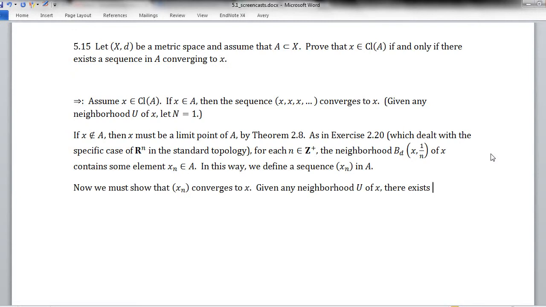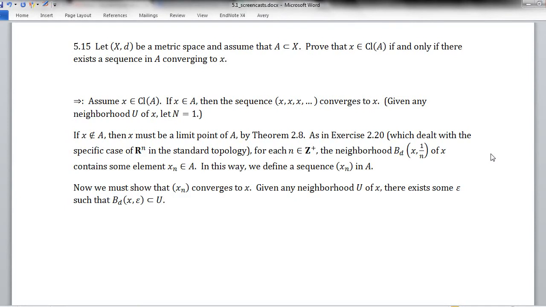And in this metric topology, that means there's a basis element, in particular an open ball, containing x and contained in U. So there exists some epsilon greater than 0, of course, such that the ball B_d centered at x with radius epsilon is a subset of U.